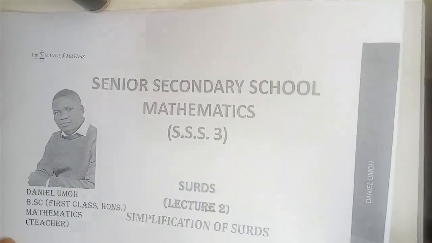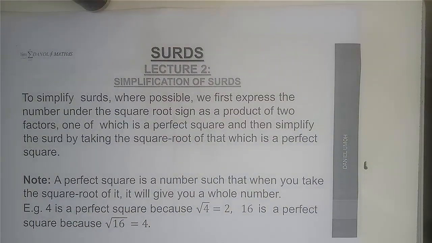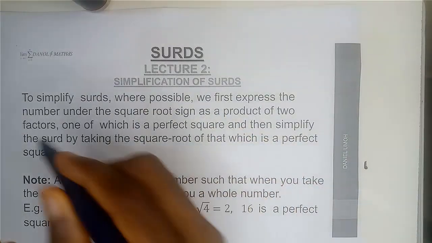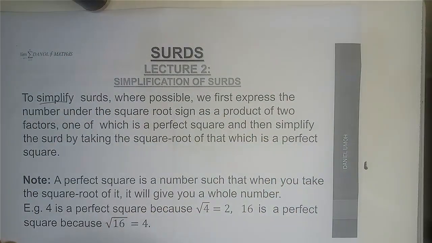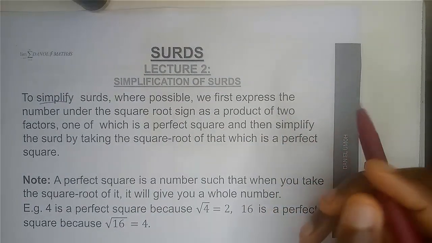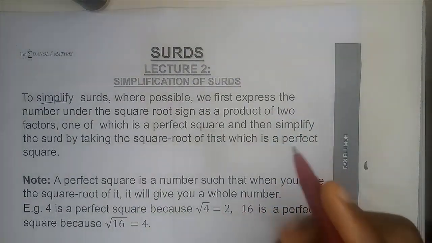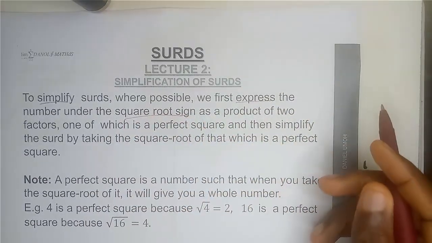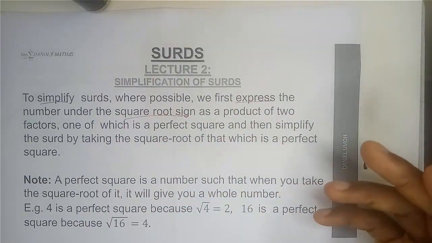Now, let's get into the lecture. To simplify surds. Now, when you look at the word simplify, it simply means to reduce a term into the lowest form. So to simplify surds, meaning to reduce it to the lowest form, what we need to do is to first express the number under the square root sign as a product of two factors.